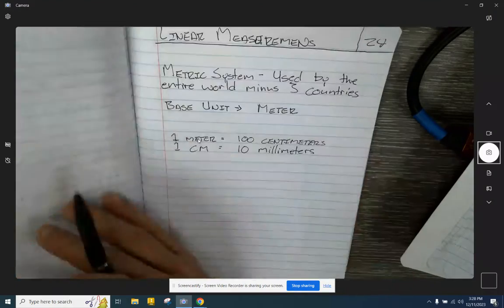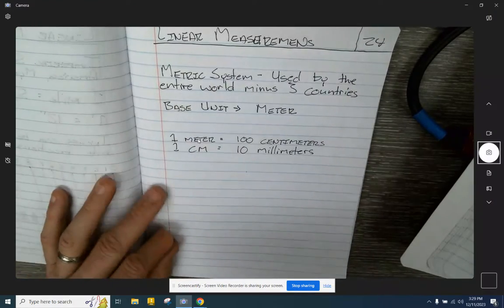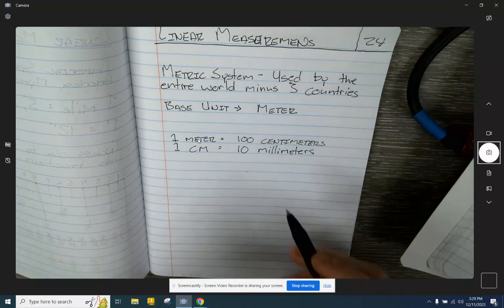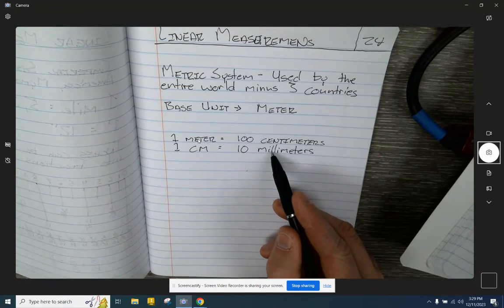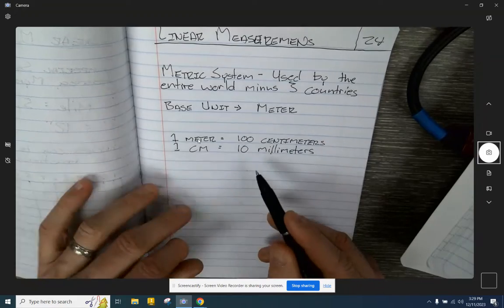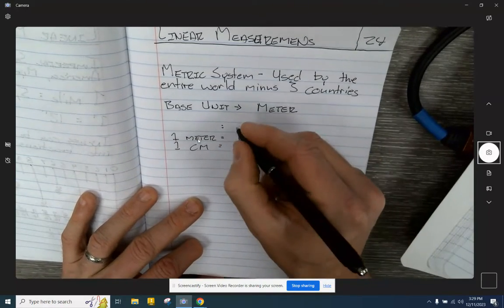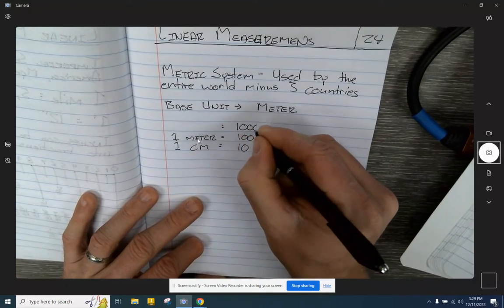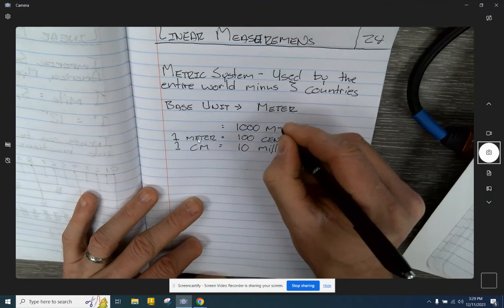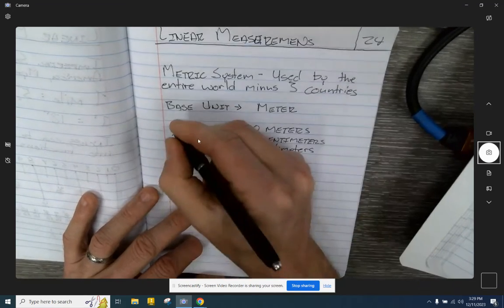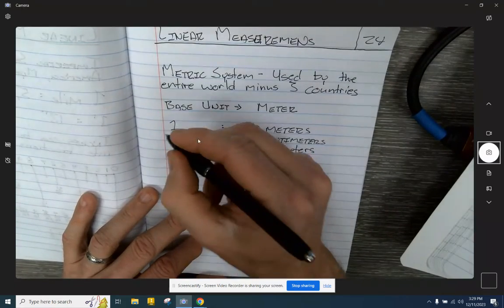We'd break it down into millimeters. Now, if we want to go smaller, we can keep breaking it down smaller and smaller. This is the smallest unit we're going to use in class here, millimeters. Right. And then if we want to go bigger, we would say 1,000 meters equals 1 kilometer.